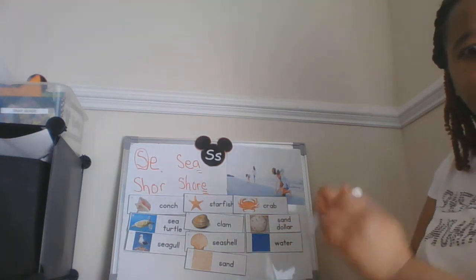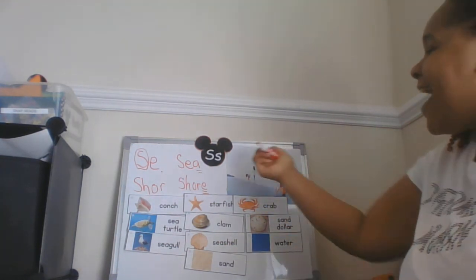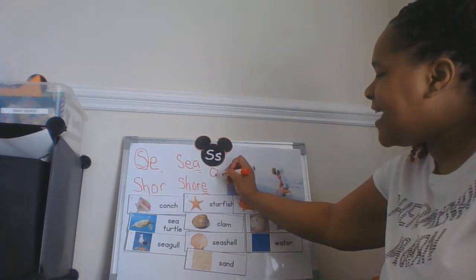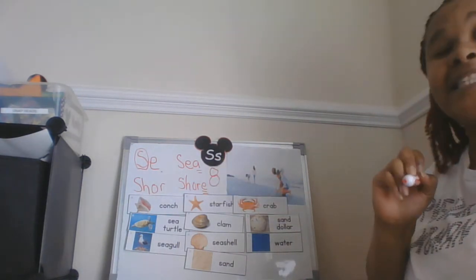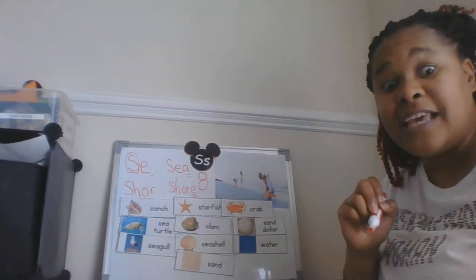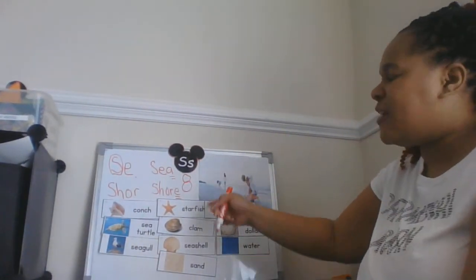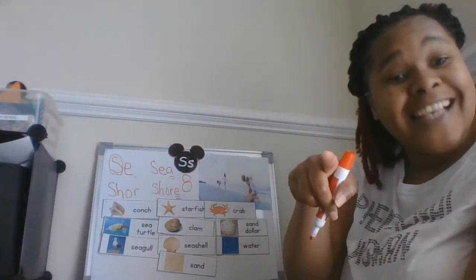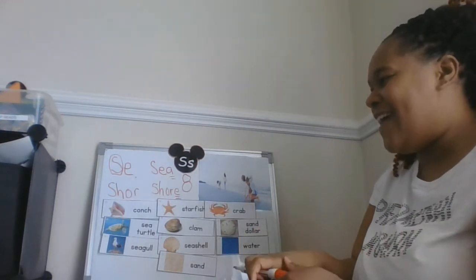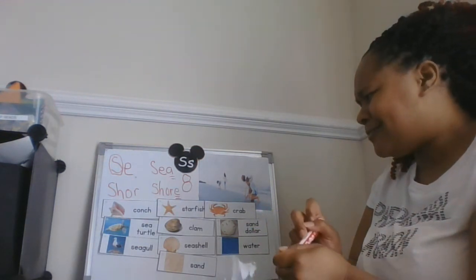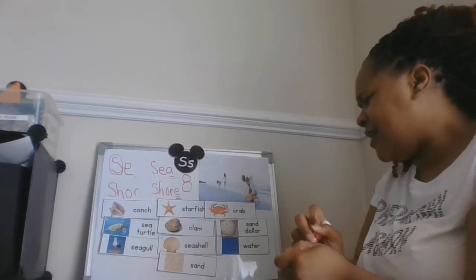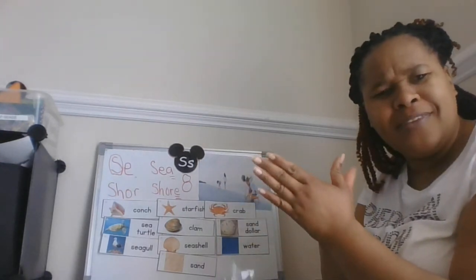How many S words did we have? 8. 8 S words for seashore when we were talking about the seashore and things we find on the seashore. All right. Awesome sauce. Give yourself a hand clap. Kiss your brain.